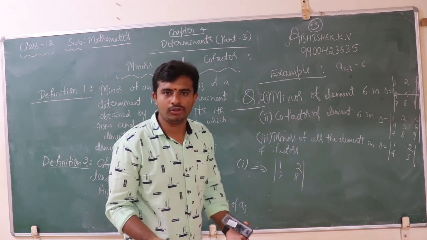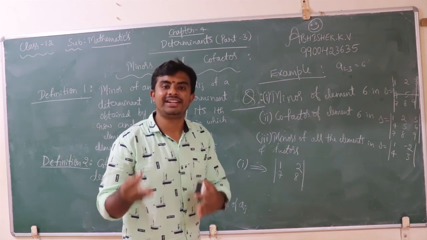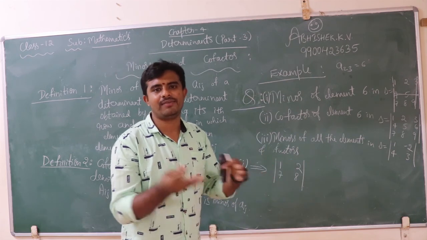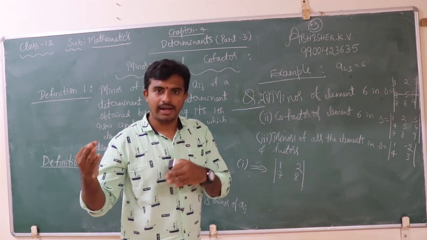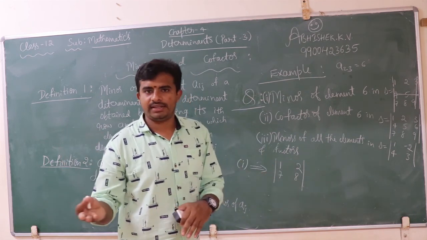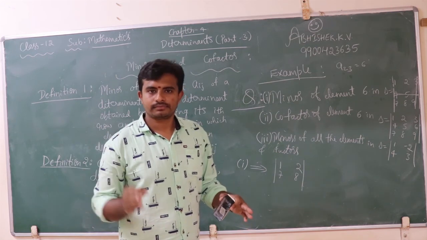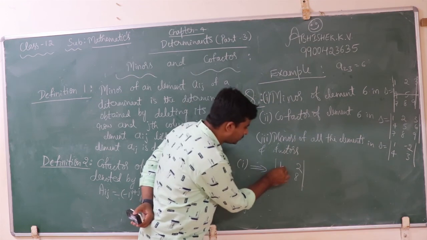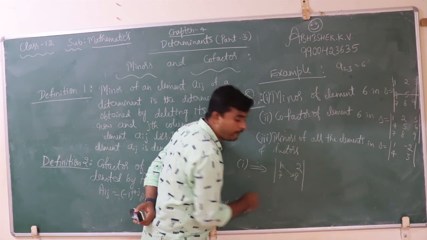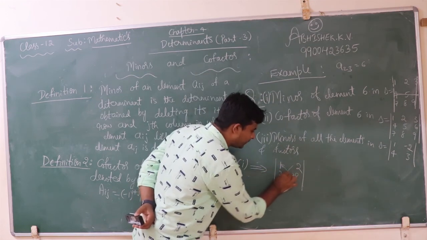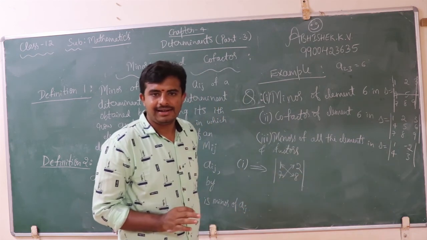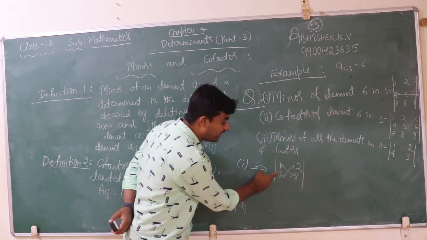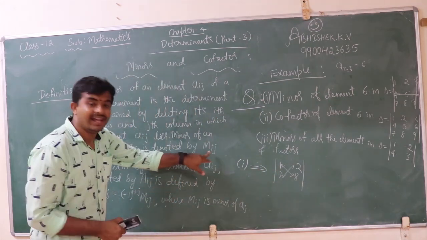We already know how to determine the determinant of 2 by 2, and the determinant of 3 by 3 we already discussed in previous classes. Determinant of 2 by 2 is obtained by taking the product of the diagonal elements minus the product of the anti-diagonal elements.